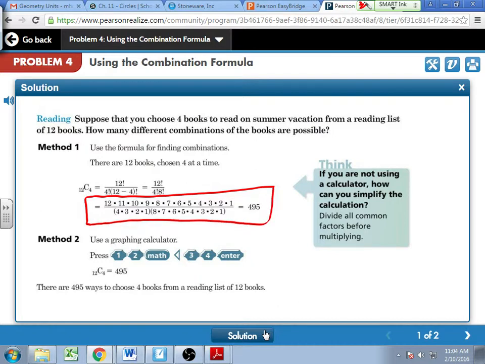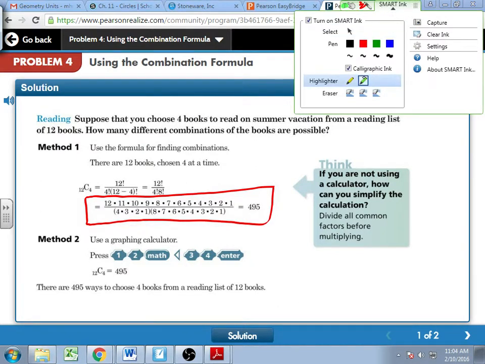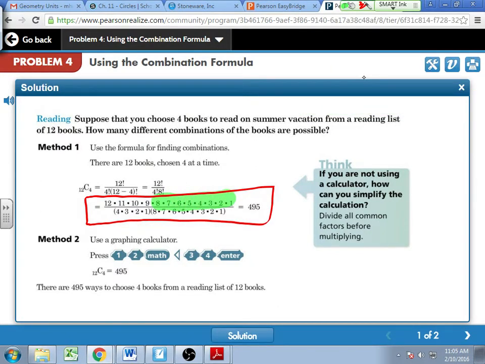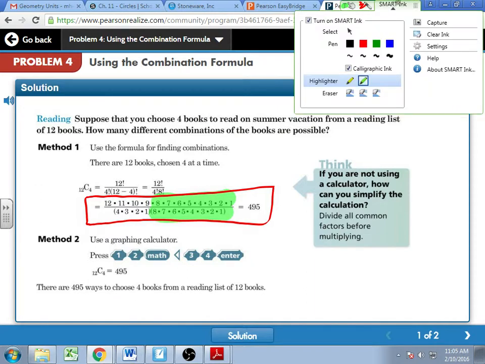It's way simpler to evaluate: 8 all the way down to 1 will cancel out this 8 all the way down to 1, and I really just end up with 12, 11, 10, 9 on top, and 4, 3, 2, 1 on bottom. And of course, the 1 never really makes a difference. You have 495 different sets of books that you could read. Yep.